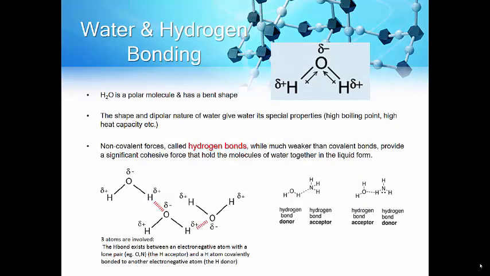Okay, so just back to hydrogen bonding and water again. So remember, water is a bent molecule. Okay, so we have those hydrogens downwards, and they're delta positive. And we've got the oxygen, which is in a bent conformation above the hydrogens, which is your delta negative.